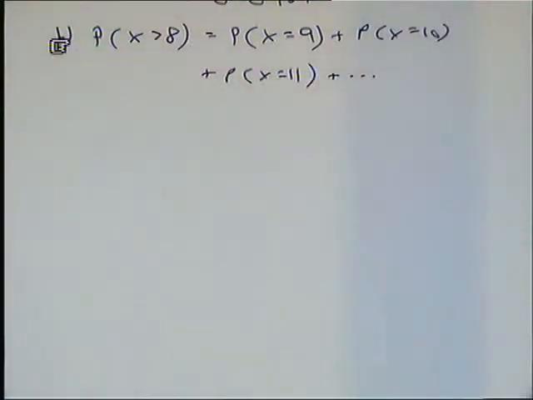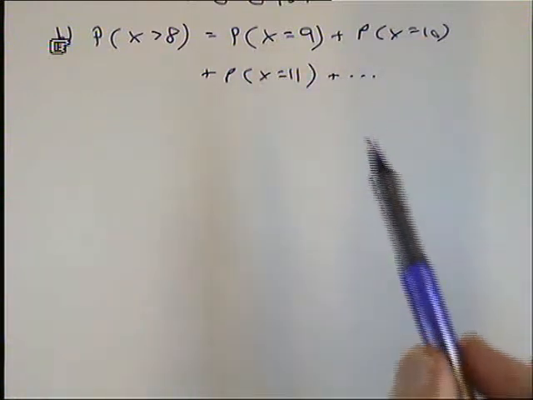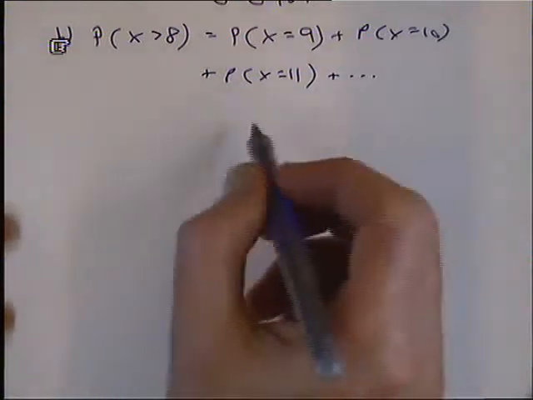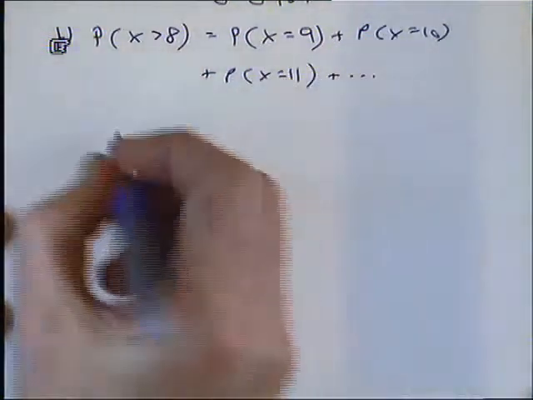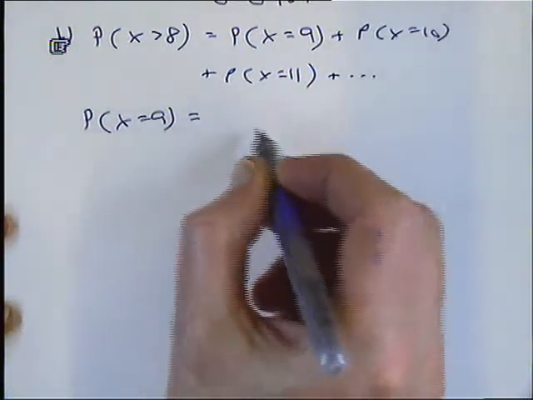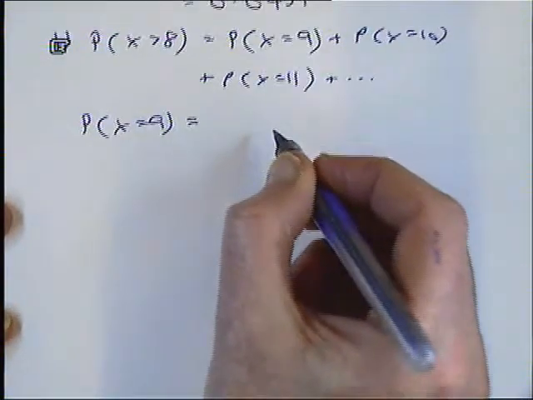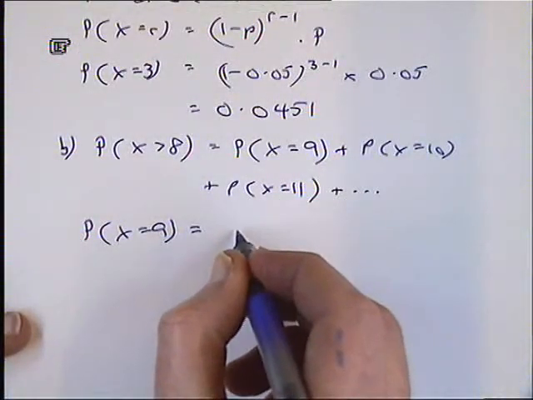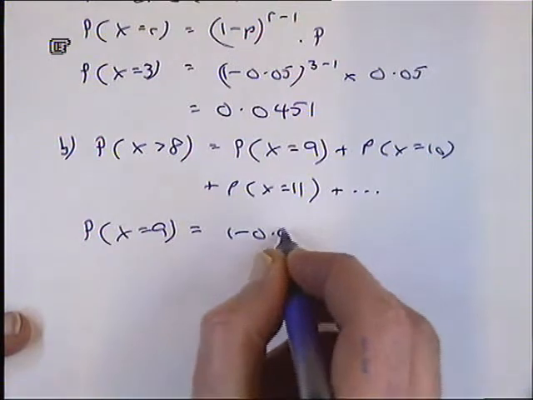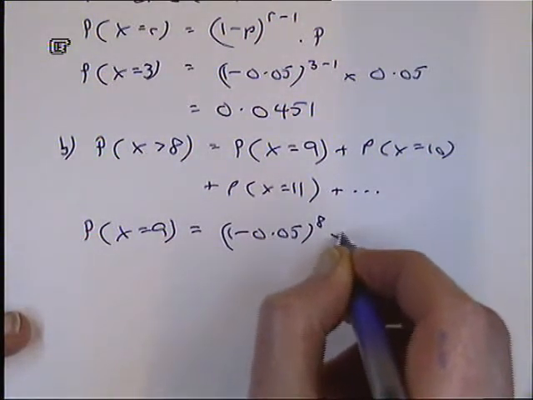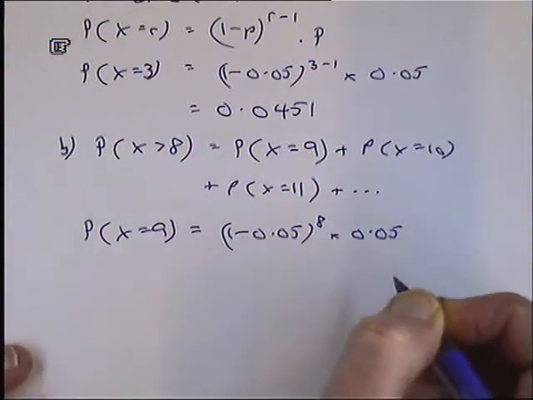But actually each probability will be smaller than the last one. So whilst we're adding on more and more numbers each time, each number we're adding on is actually getting smaller and smaller. Let's look at these first 3 probabilities. The probability X is equal to 9. Well, according to the formula we had earlier, that will be failure to the power of 8, and then times by your success.